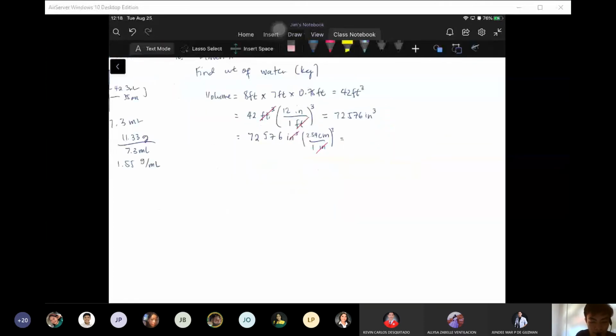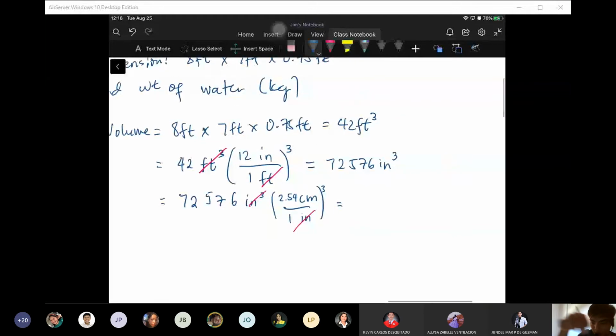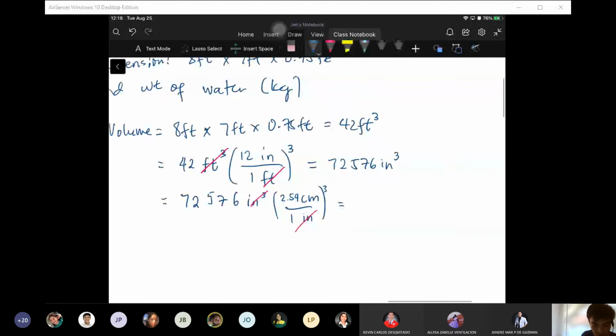So, ay, hala, nangyari. So, wait lang, pindutin ko lang sa calcio. 42. Malaki yung number. So, okay lang. Let's write the whole number muna. 1,189,307.